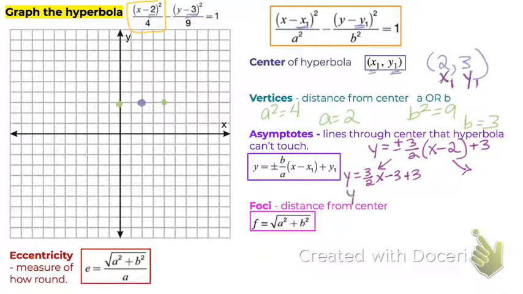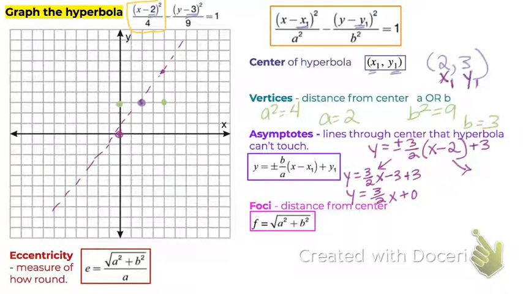If I simplify that a little more, -3 plus 3 is 0. So this first one, I'm just going to put a plus 0. The first one has a y-intercept of 0. So I'm going to start off here, and then I'm going to go up 3 over 2. Up 3 over 2. So this is my first asymptote.